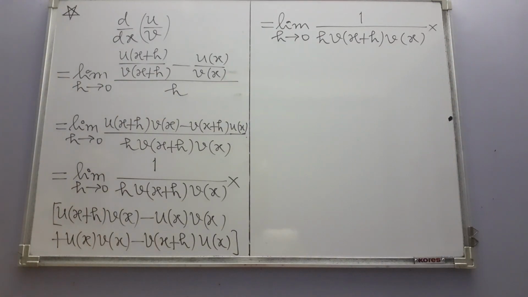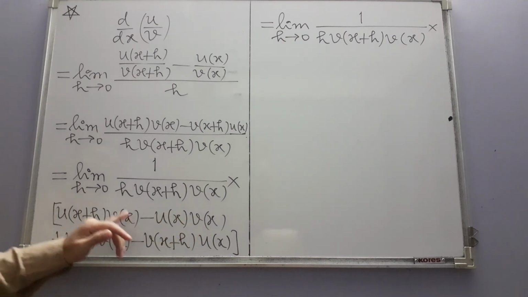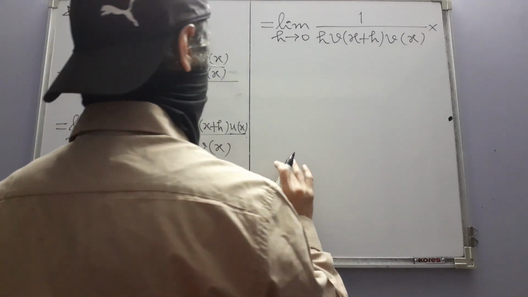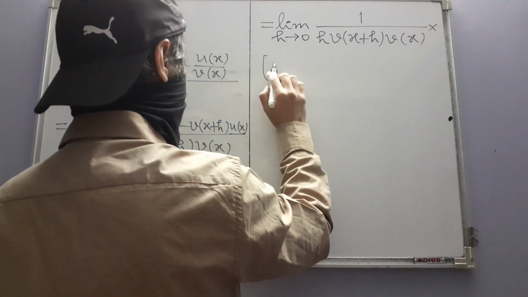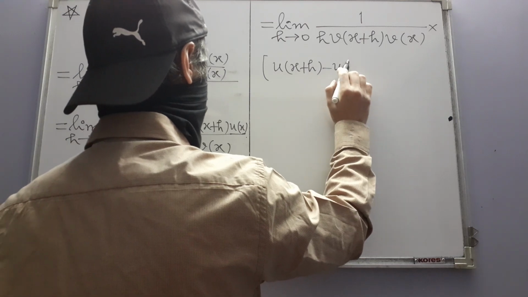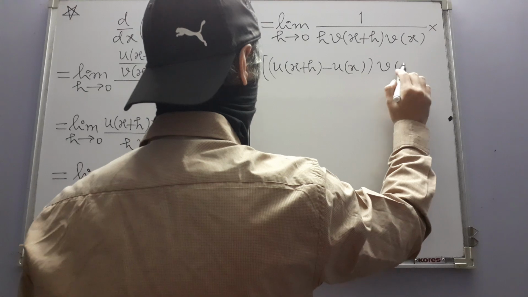And here, from the first two terms, we can take v of x common out. And we can write u of x plus h minus u of x, times v of x.